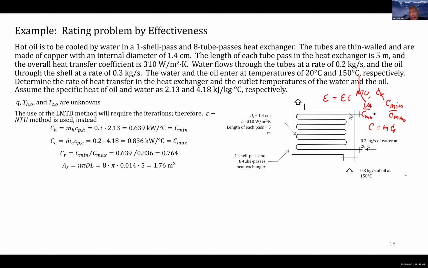What is the A? AS is the surface area between the fluid in the pipe and the fluid in the shell. And you use the external surface area of the tube. So it is pi D L.